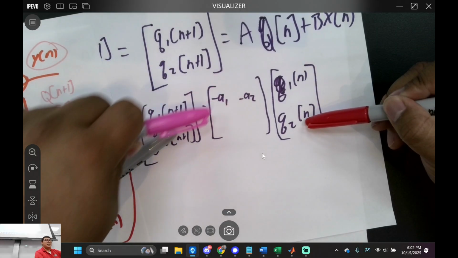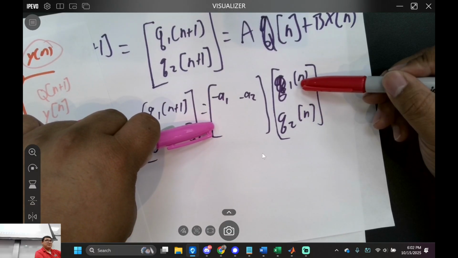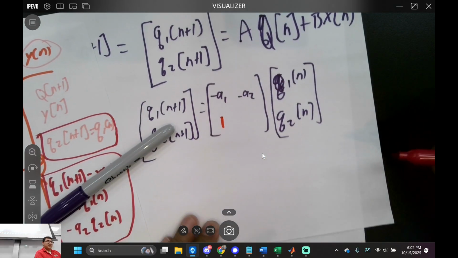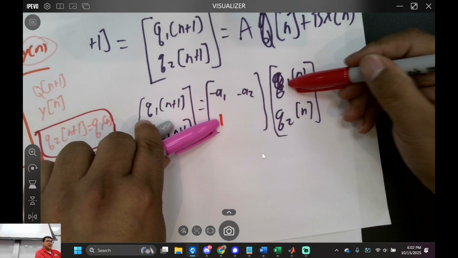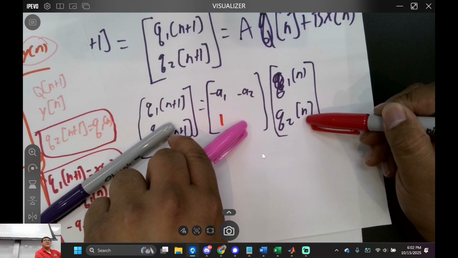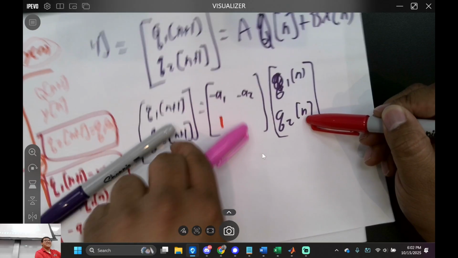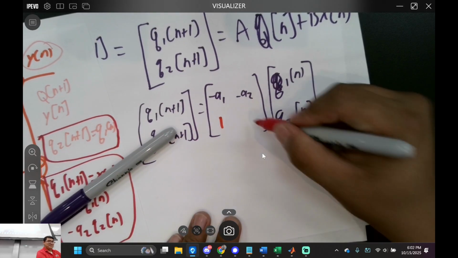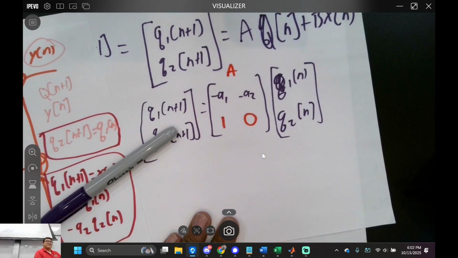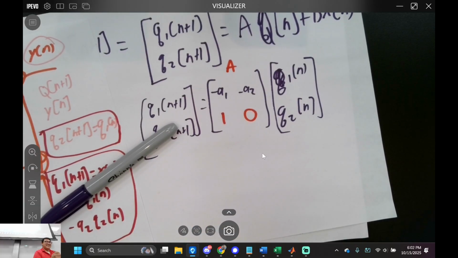And then this number right here multiplied, we want that. So we want to put a big fat 1 right there. Plus, do we want a Q2? No, right? Why? Because it's not in the equation. What's your A? There you go. Done.